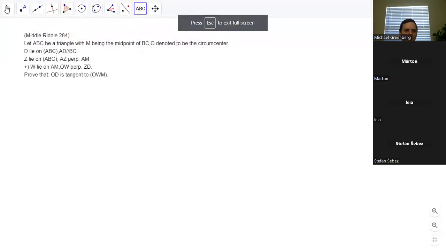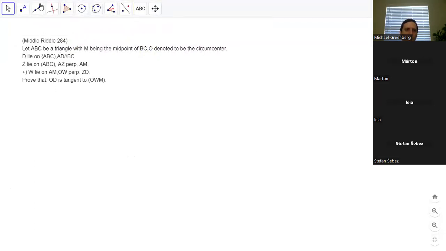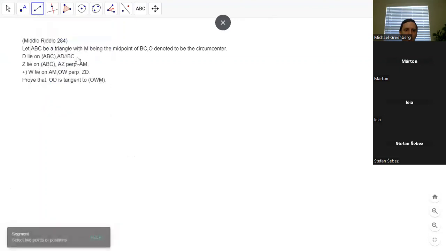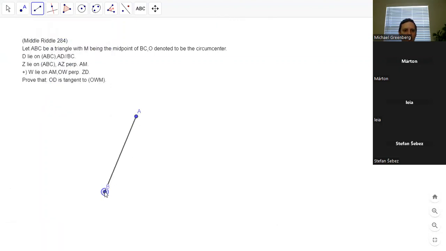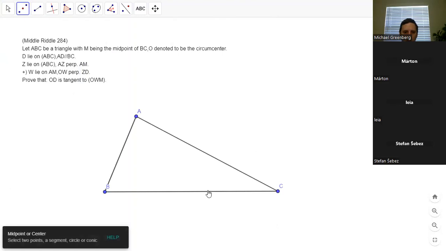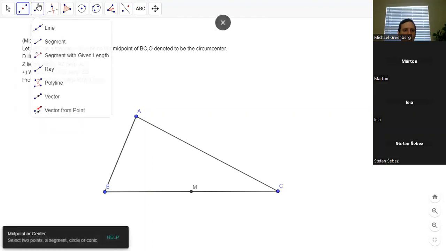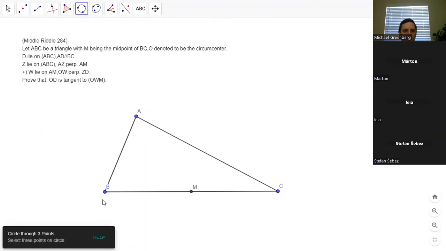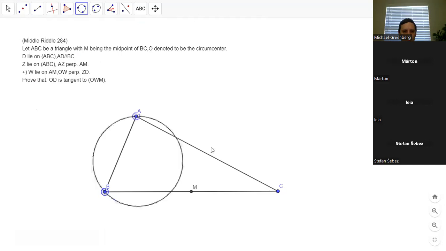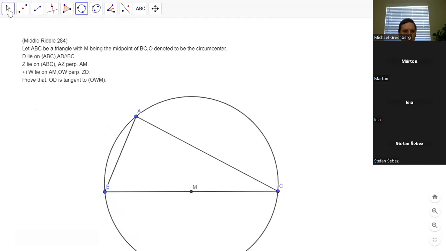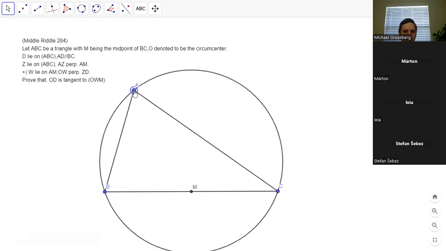All right, so let ABC be a triangle with M the midpoint of BC and O the circumcenter. There's M, and O is the circumcenter. This almost looks like a right triangle, but it's not. There we go.